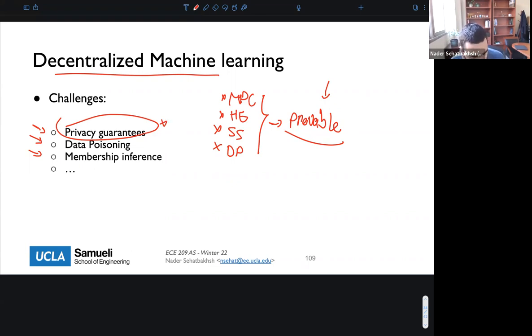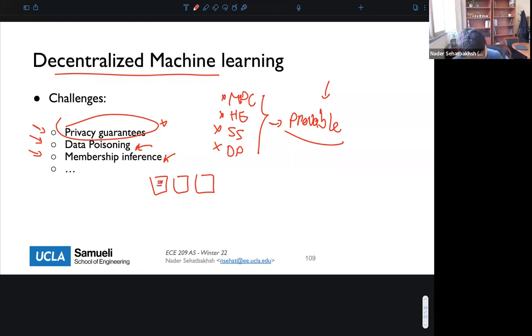And the other problem is that since this is done in a decentralized manner, the biggest issue that we are facing is that they are very susceptible to adversarial attacks, including data poisoning and membership inference. Remember when we talked about data poisoning, we said that you have to download a data set where somebody put some poisonous records.